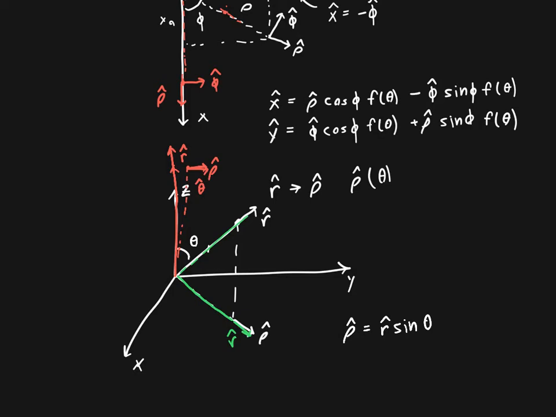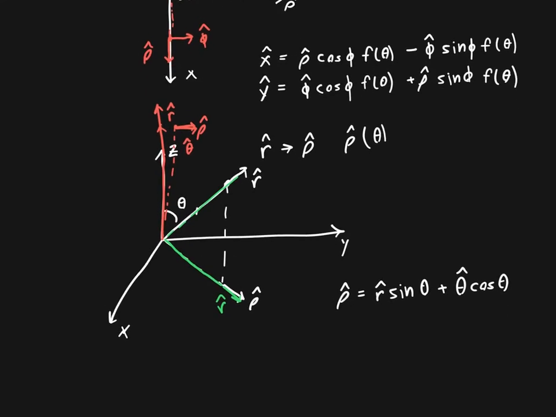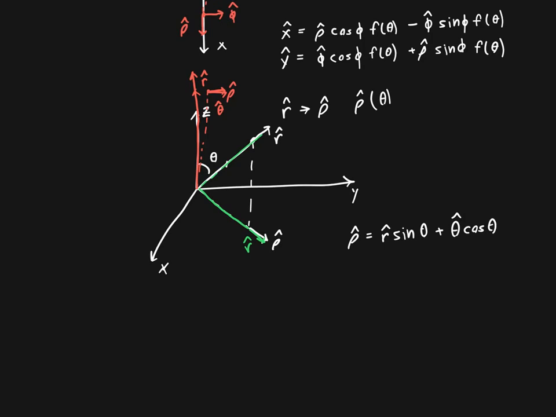Well, that's just a cosine. So rho hat is r hat sine theta plus theta hat times cosine of theta. And this is complete. If you want to convince yourself of that, you just take the dot product of rho hat with itself to find its magnitude. That's the magnitude squared, and that's just equal to sine squared theta plus cosine squared theta, which is equal to 1.